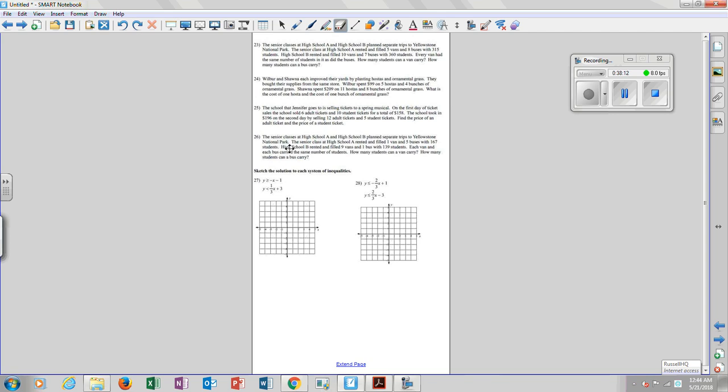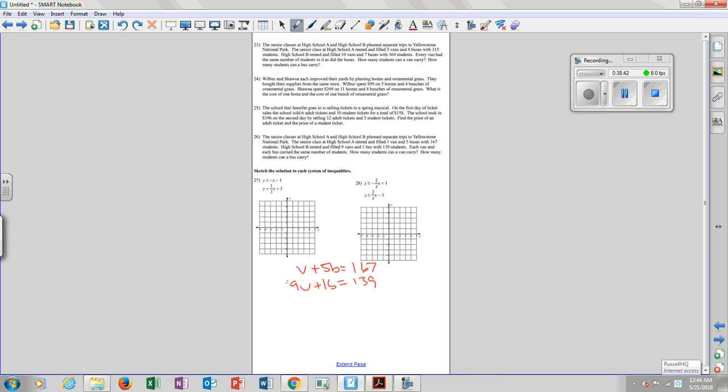Right? Number 26. Blah, blah, blah. We got a van and 5 buses with 167 students. So it's V plus 5B equals 167. The second one is 9V plus 1B equals 139.